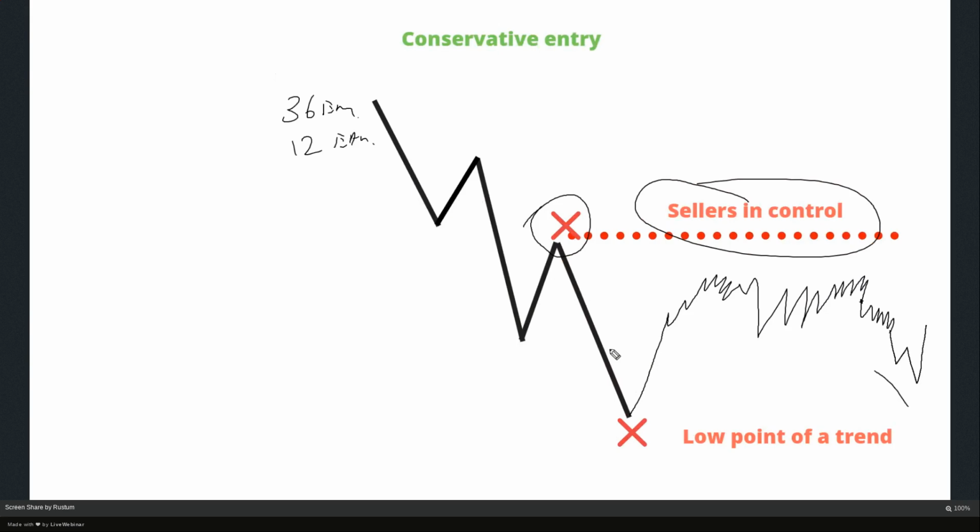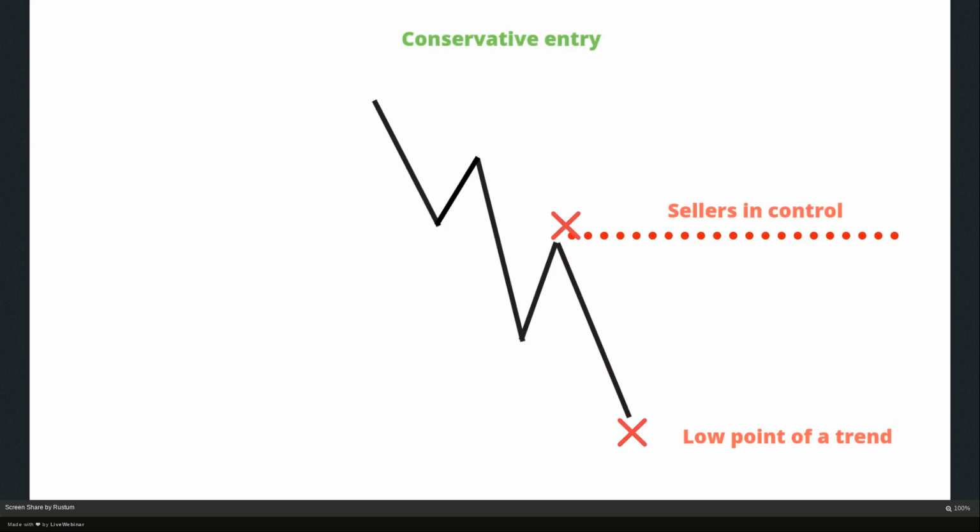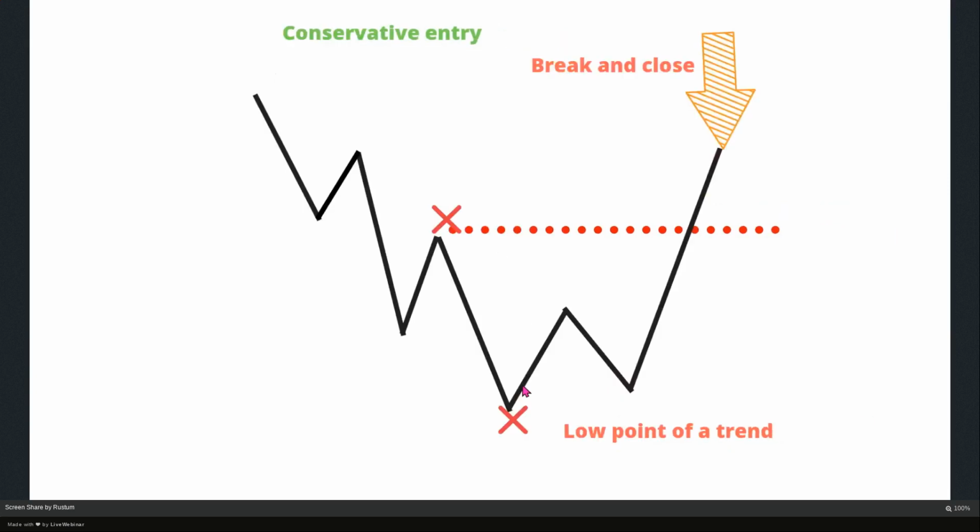And the only time that we can really conservatively, hence the name of this entry, the only way we can conservatively trade long is when we have a break of the sellers here and a close there.